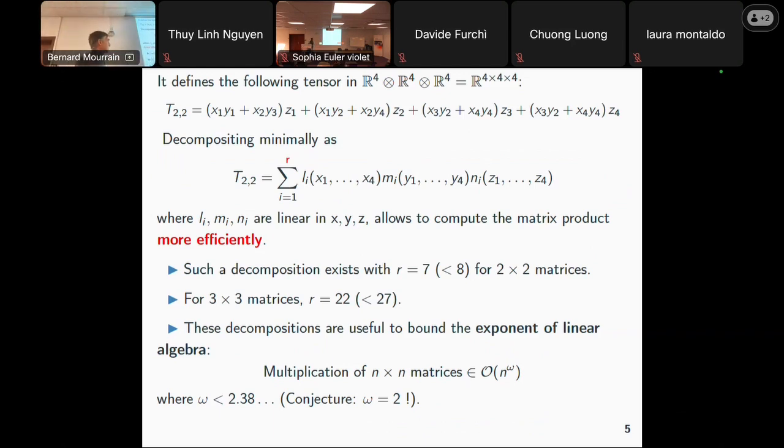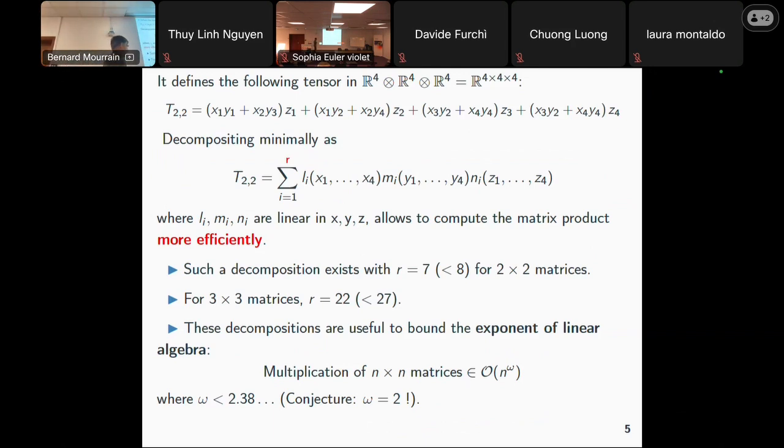And so we gain also multiplication in the complexity of multiplication of n by n matrices with a log. So it's a log of 22 in base 3. So again, less than 3.